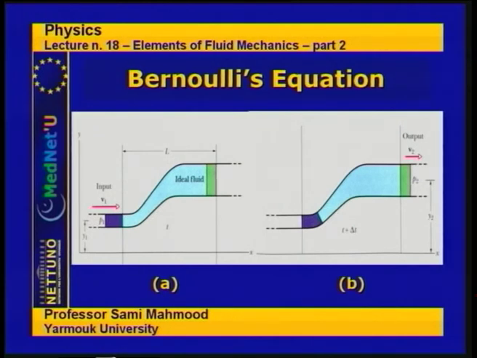If at the input side, at the lower end, volume delta V enters with initial velocity V1, then after delta T, after this volume element delta V has entered into the tube, the same element of volume delta V will leave the tube at the upper end at height y2.